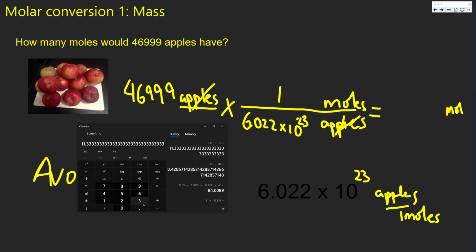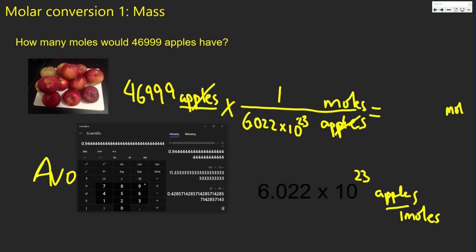When you're doing this on your calculator, make sure that you guys are not just typing times 10 and then to the power of 23. So how you want to do this is, let's punch in 46999, and then we're dividing it by Avogadro's number.